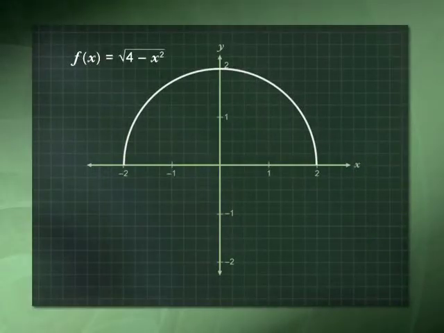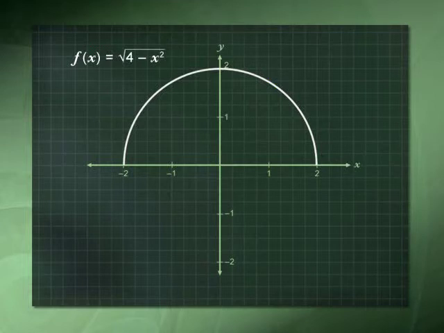And notice that its domain is the interval minus 2 to 2, including the endpoints. Now, if you notice on this picture, it's clearly continuous for the open interval minus 2 to 2. The only issue is, what do we do about the endpoints? Because you can't really take a limit approaching 2 because the function's not even defined for values greater than 2.